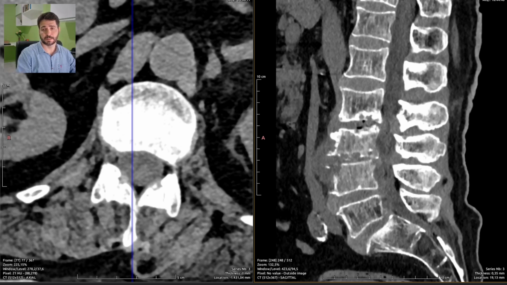This is L3, L4, L5. So, small nodes, which are intravertebral herniations, I have described those.